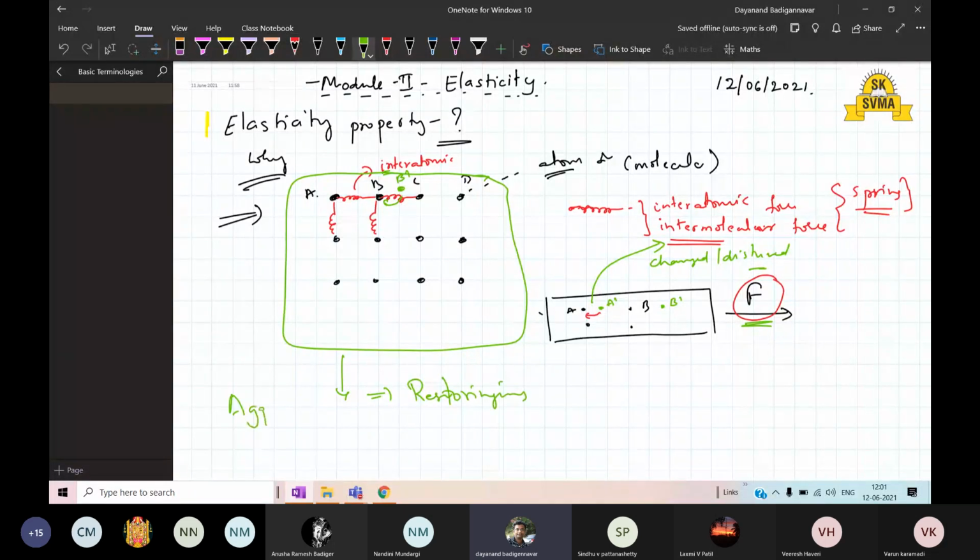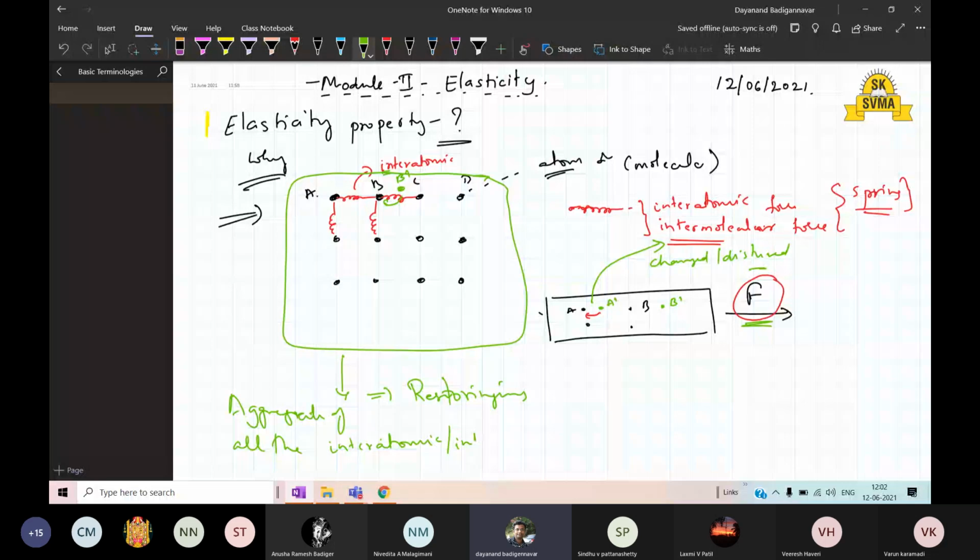So the aggregate of all the molecular forces, or interatomic forces, or intermolecular forces, will generate the restoring force in general.